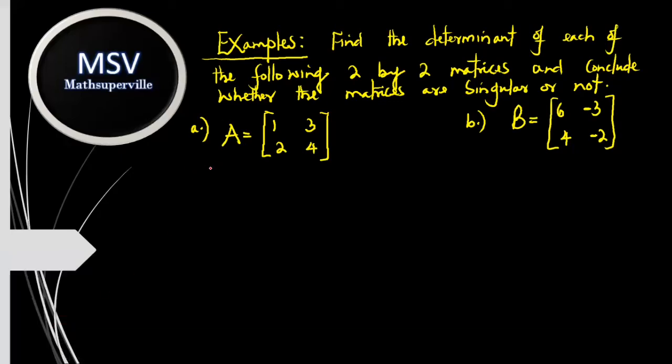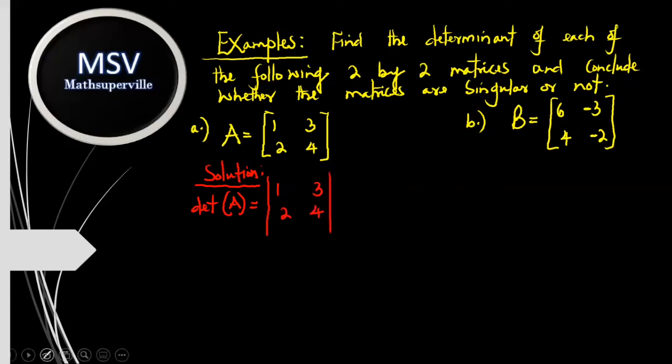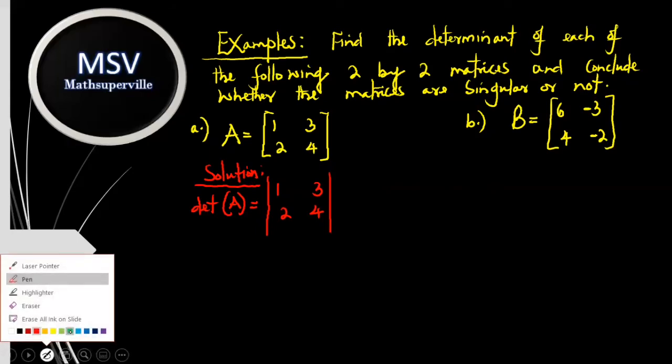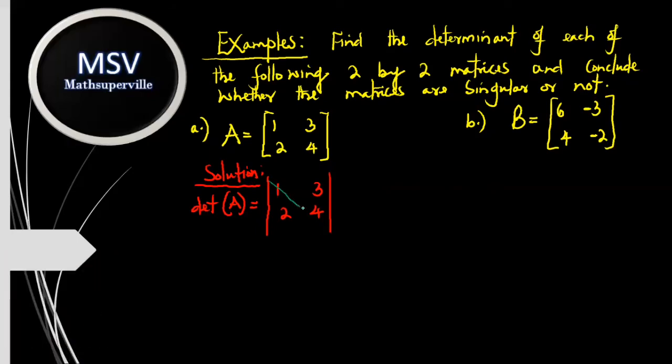So here are the solutions. The determinant of matrix A is equal to, so you place the elements within 2 vertical bars, and then you indicate that you're going to multiply out the elements on the leading diagonal and subtract out the product of the elements on the other diagonal.